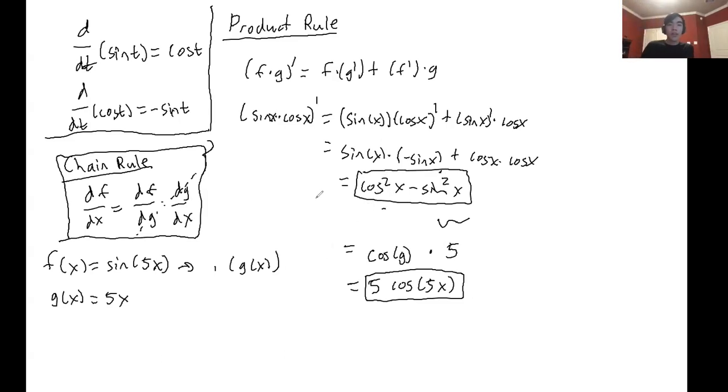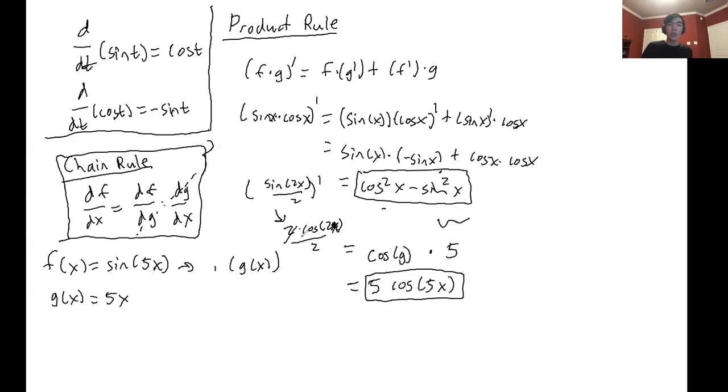And there you go. That's how you find the derivative of that. Now, the neat thing about this is if you know some trig rules, you can realize that sine of x times cosine of x is actually just (sine of 2x over 2)'. And if you use chain rule, we know that if we have a number inside, you can just take the derivative as normal, but you pull out the 2. So chain rule will tell you that this is just 2 times cosine of 2x, sorry, all over 2.